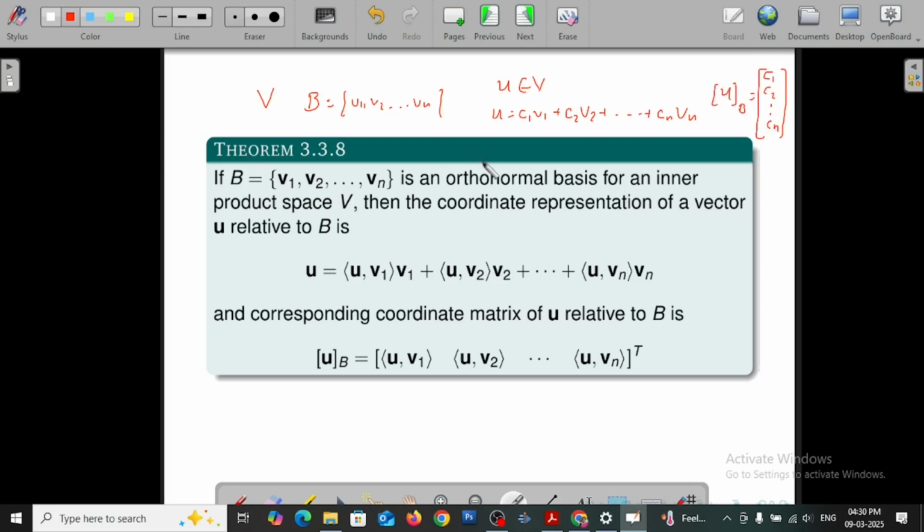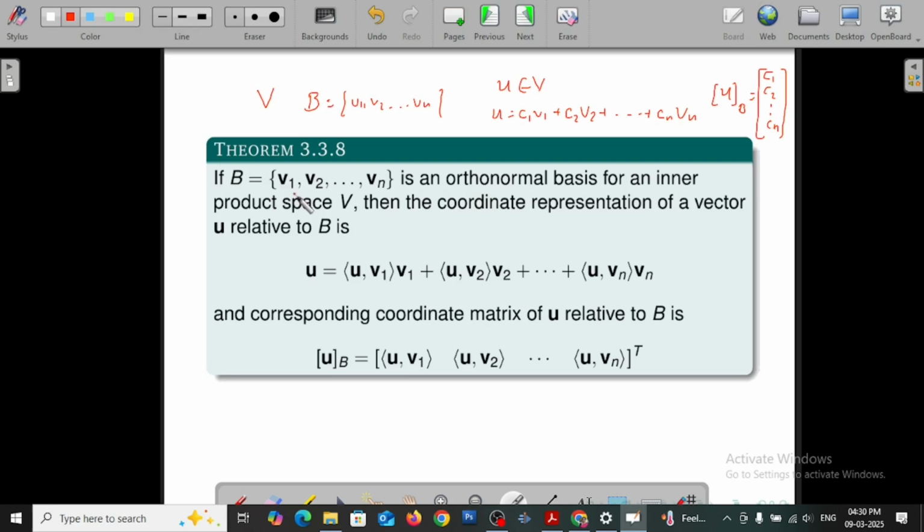Okay. Now, in the last class, we have studied the concept of orthonormal basis. What do you mean by an orthonormal basis? It's a basis of the vector space. Also, if you take any pair of elements of the basis, they are orthogonal and each vector has unit length.